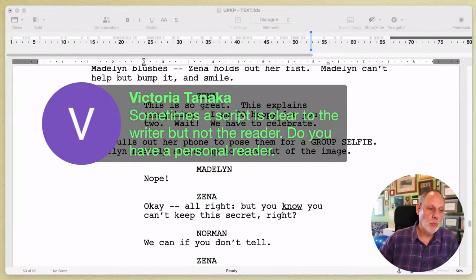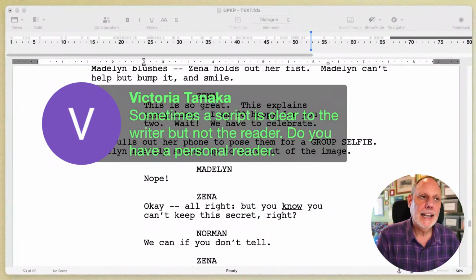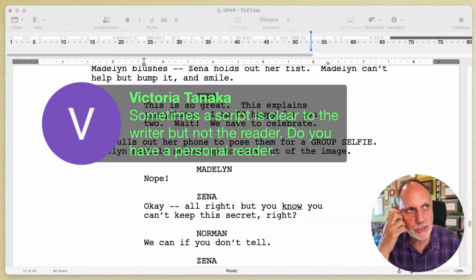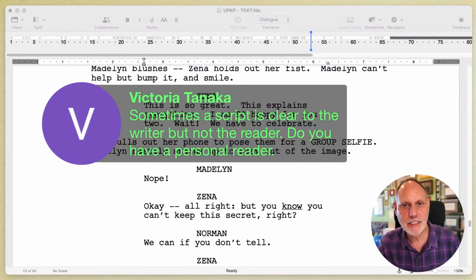I don't have one. I have a handful of people that I will show scripts to. I'm weird about this. I work it until I think it's done, and then I show it to people. At that point, I feel pretty confident by the time I give something to somebody.